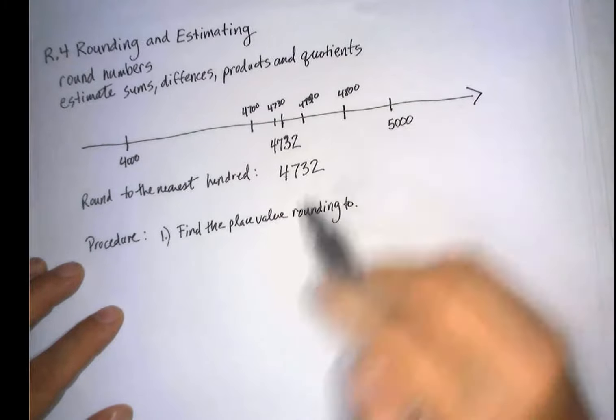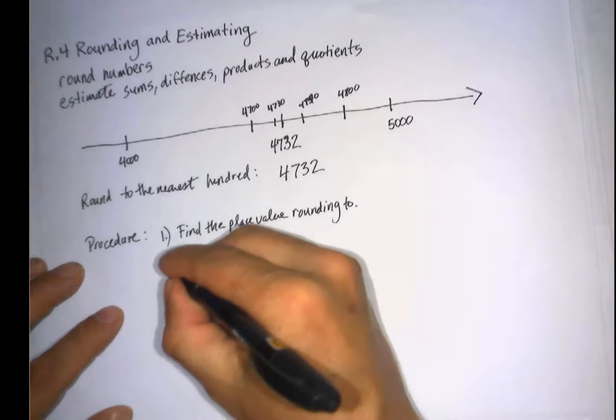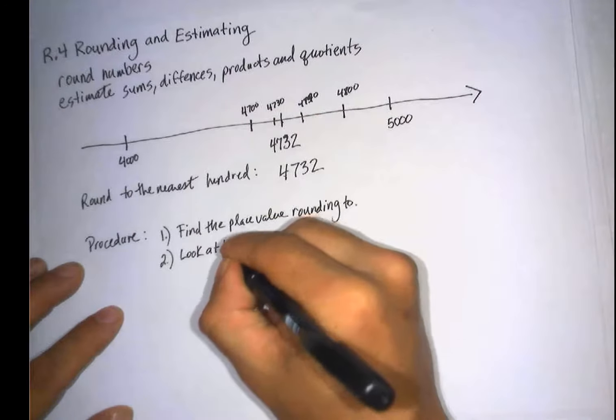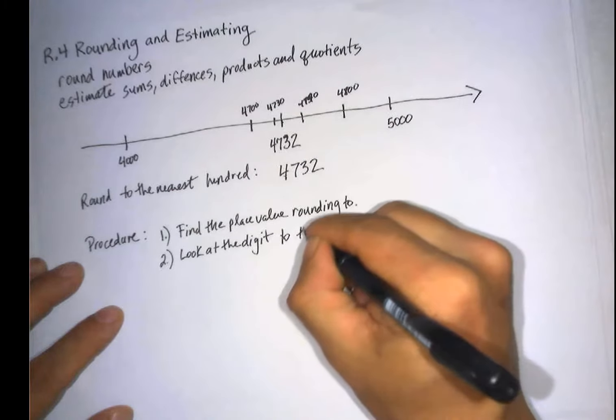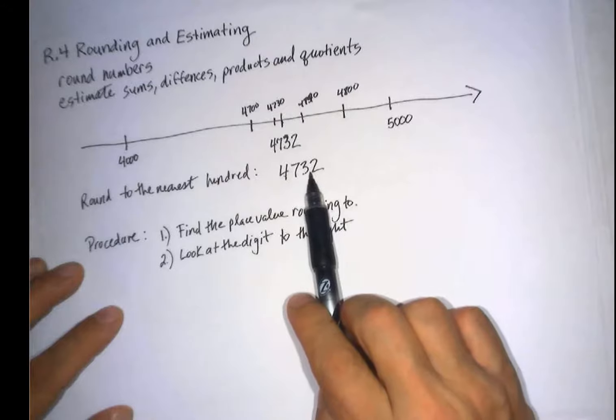So in this case, we're rounding to this number right here, 7. And the next step is we're going to look at the digit to the right. So in this case, the 3.